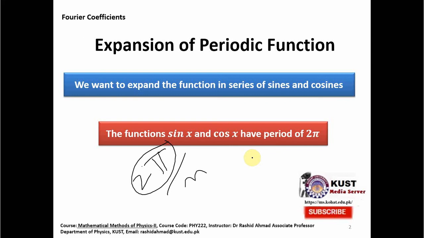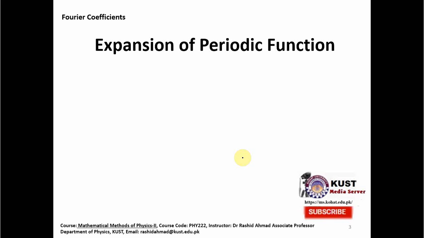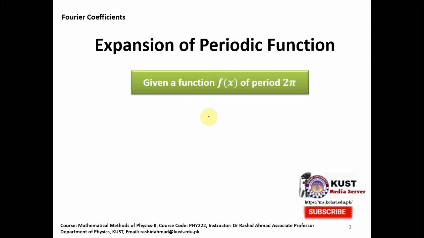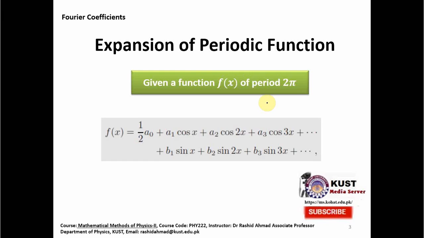Now let's start the procedure, and first of all expand our given function, any general function which has a period of 2 pi, into a series of sines and cosines. This is how the expansion looks. Let's understand each term written here.